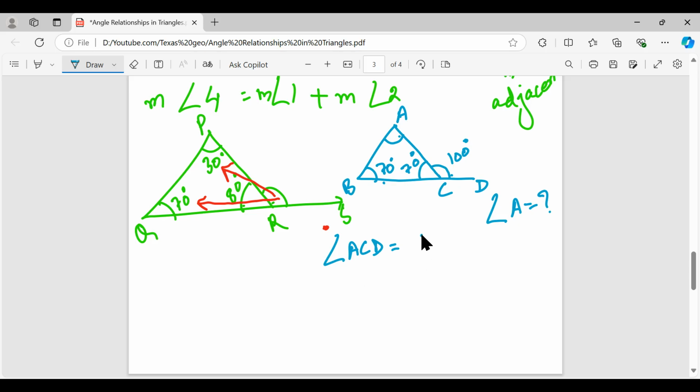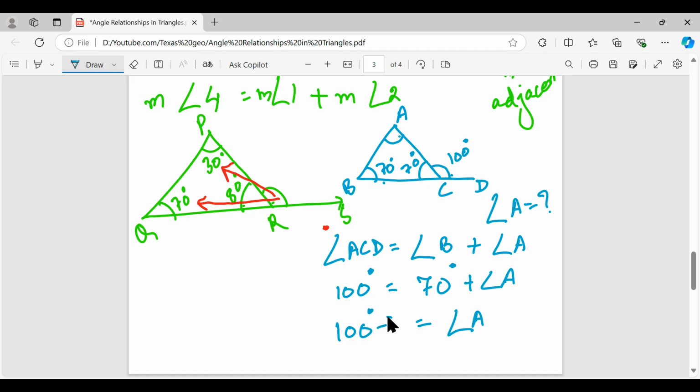So it is angle B plus angle A. Let's say angle ACD is 100 degrees, B is 70 degrees, and now we need to find A. So angle A equals 100 minus 70 degrees. That gives you angle A is 30 degrees. Right? This is very easy and interesting.